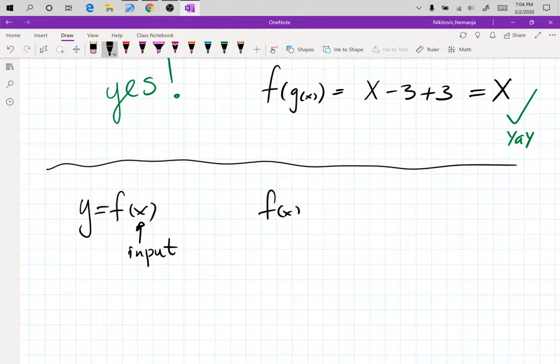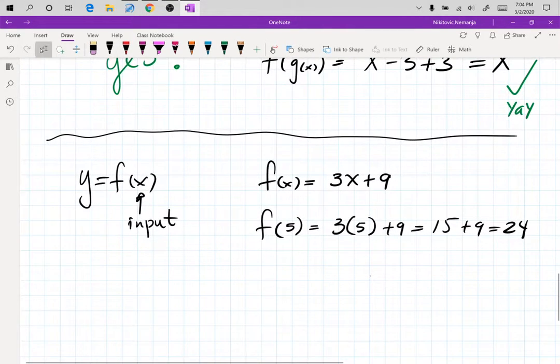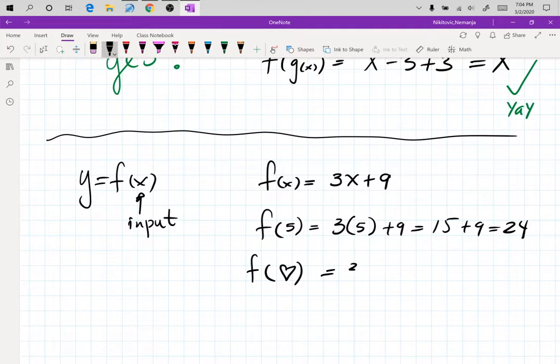So if my f of x is equal to 3x plus 9, we can compute f at, let's say, 5 by plugging in 3 times 5 plus 9, which is 15 plus 9, which is 24. No matter what you plug in here, the heart, you will have 3 hearts plus 9 as the answer. Whatever goes for x, it will go for x in the calculation.